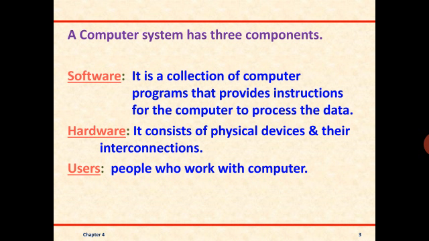Basically, our software is again classified into different categories, which we will see in the next slide. Users means the persons who work with the computer. So we have understood that there are three important components we are going to learn: one is software, second is hardware, third is the users.